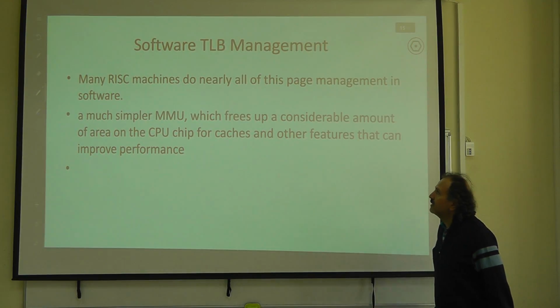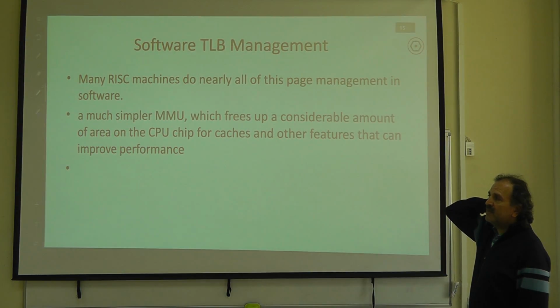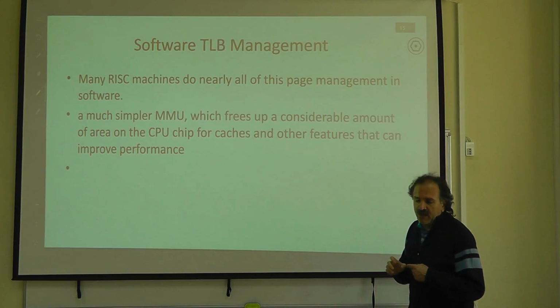Okay. Software TLB management. Many RISC machines do nearly all of their page management in software. Okay. So that makes the MMU much simpler. When you handle all of these complexities in software, your MMU becomes simpler.